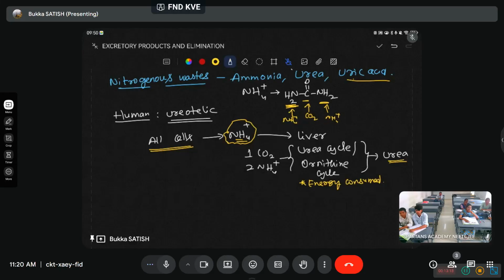Excellent. Right. So what type of nitrogenous waste is released will actually depend on the habitat.